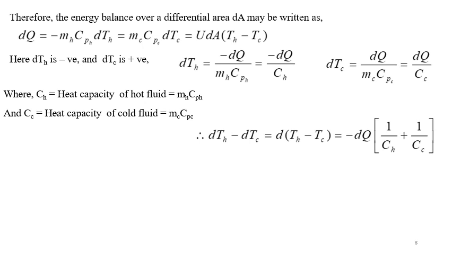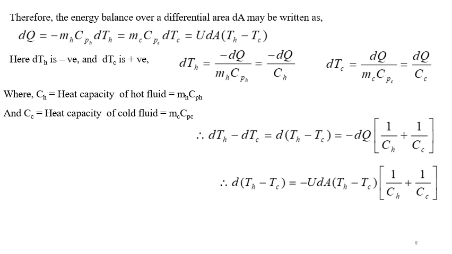And we know what Th minus Tc is, which is equal to minus U into dA. This dQ is nothing but what is written here: U into dA, (Th minus Tc) into (1 by Ch plus 1 by Cc).